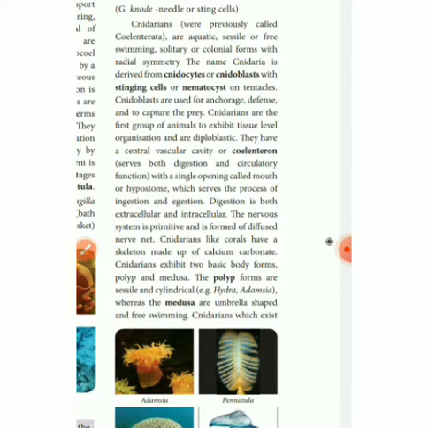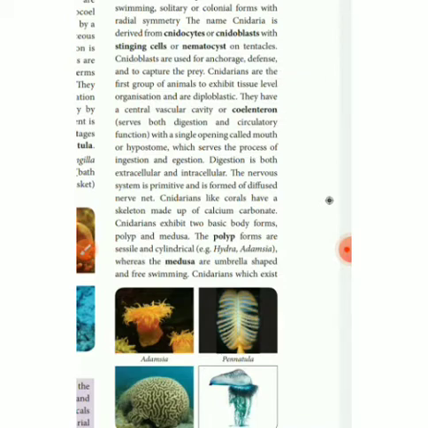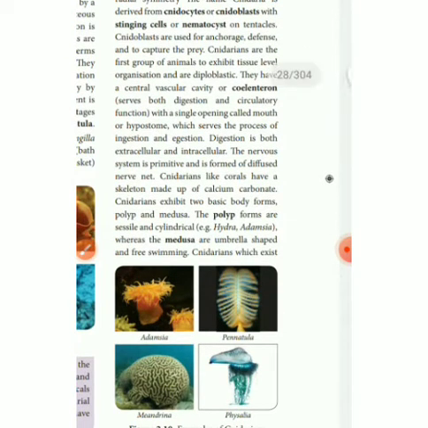That means they have special tentacles in these cnidarian animals. In this phylum Cnidaria, the first group of animals exhibit tissue level of organization and are diploblastic in nature. They have a central gastrovascular cavity or coelenteron with a single opening called the mouth or hypostome.